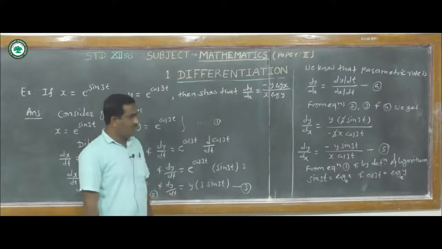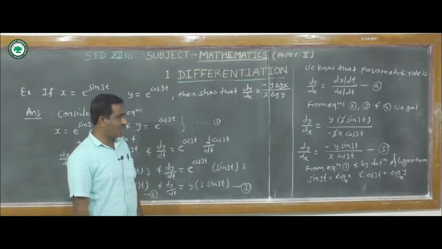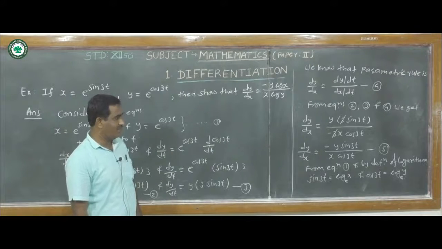Okay, now put these values of sin 3t and cos 3t in equation 5.